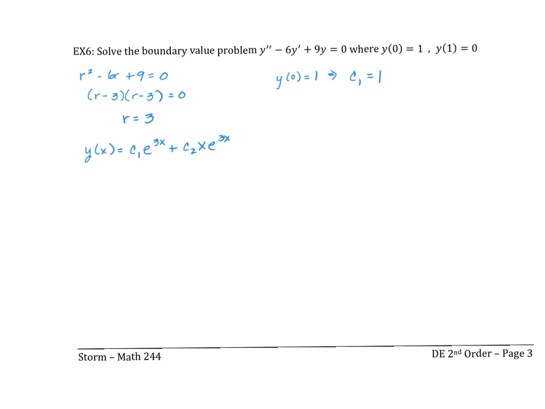So I'm going to look at that second condition, that y of 1 is equal to 0, and maybe that will help me. If I put in 1 for x and then set the equation equal to 0, I get e to the third power plus c sub 2 e to the third power equal to 0. And then I can factor out the common e to the 3 to get e to the 3 times (1 plus c sub 2).